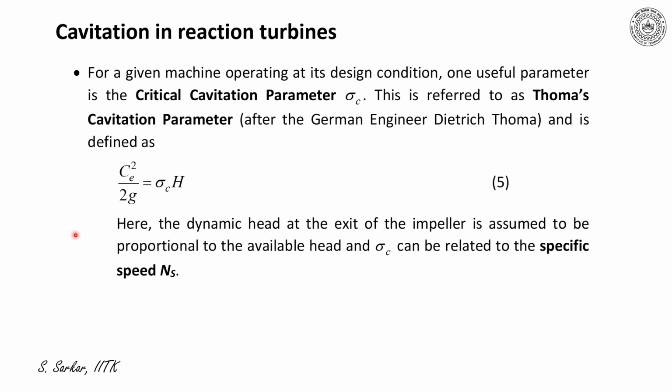Here, the dynamic head at the exit of the impeller is assumed to be proportional to the available head to the turbine, and sigma C is the proportionality constant, which can be related to the specific speed of the machines.